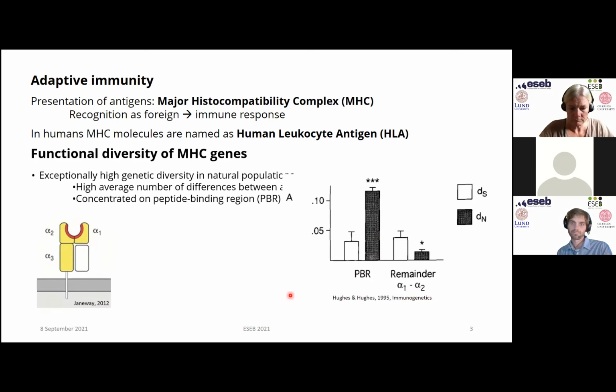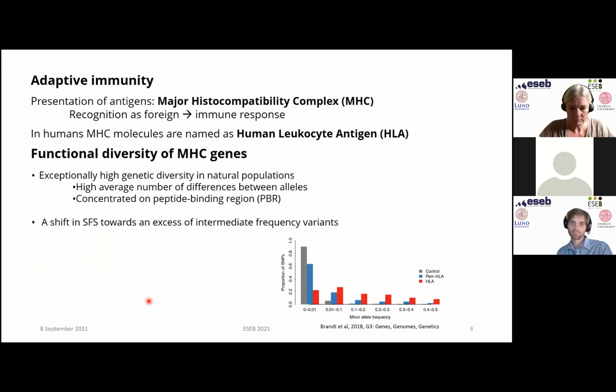We also compare the frequency spectrum of SNPs within the HLA region to those outside the HLA, which are the neutral SNPs. We observe an excess of intermediate frequency variants for the HLA SNPs, but not for the neutral SNPs.